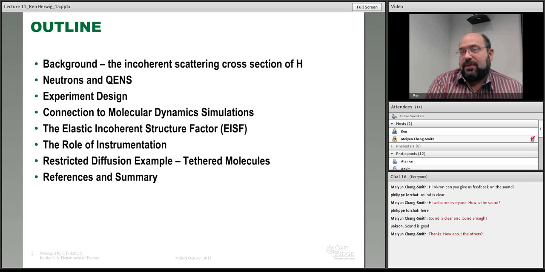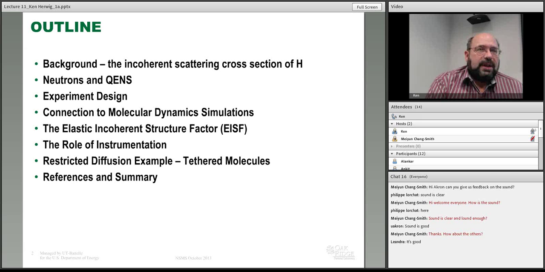But for us, it's going to contain a lot of very interesting information on the dynamics of the particles that are in our sample. I'll talk a little bit about neutrons and quasi-elastic scattering as an overview. We'll go through one representative experiment design. We'll look at what sample thickness and quantities look like for water.